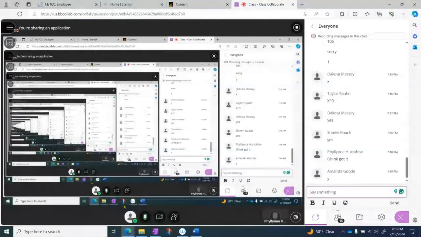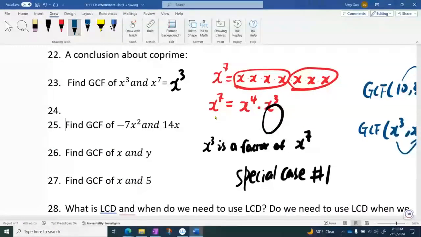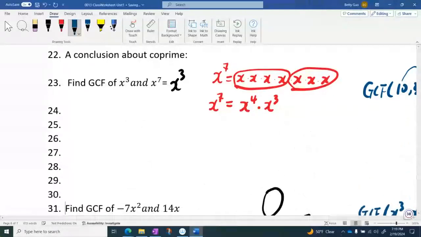Amanda. Oh, yes. Okay, I got it. So let's look at number 24. GCF of negative 7x squared and 14x. This one is very challenging. I just need to get more space here.